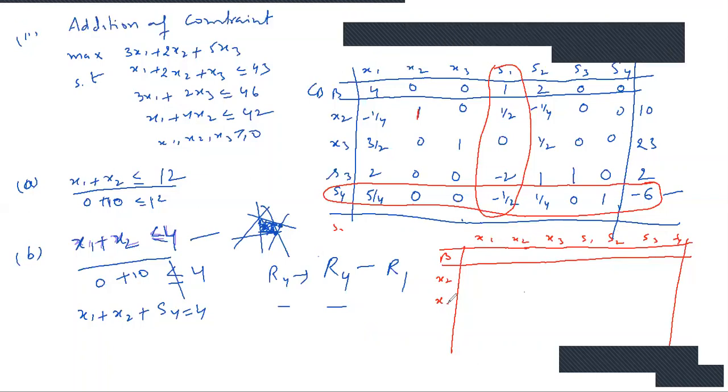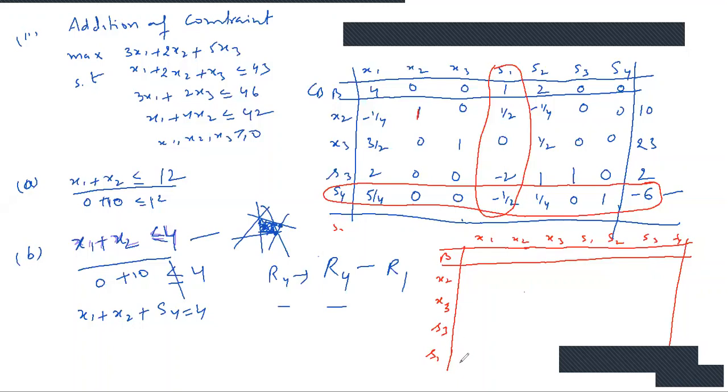Anyhow, what are my pivot operations here? x1, x2, x3, s3 and s1, because s4 is replaced by s1.